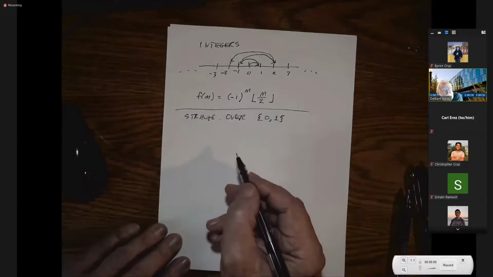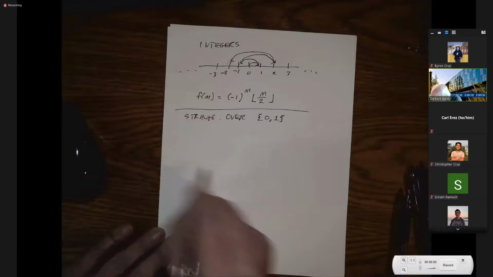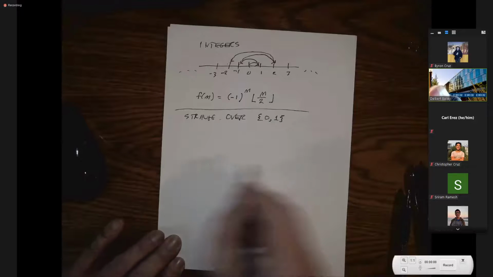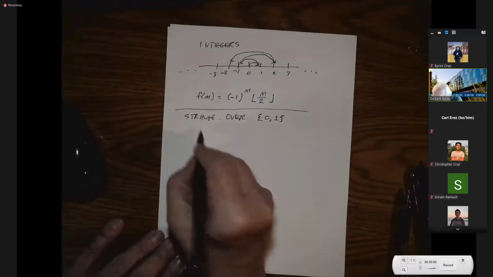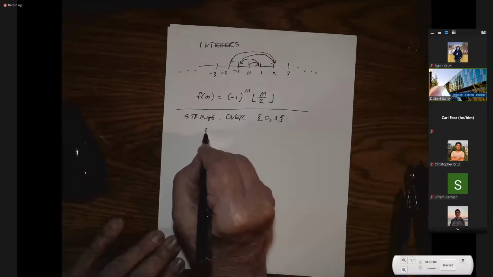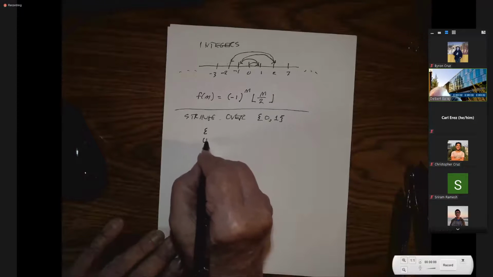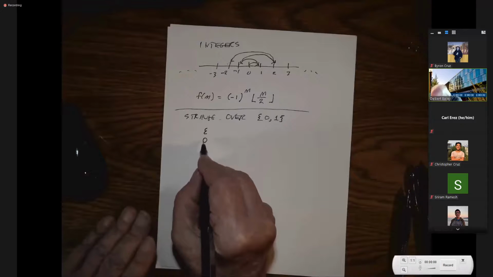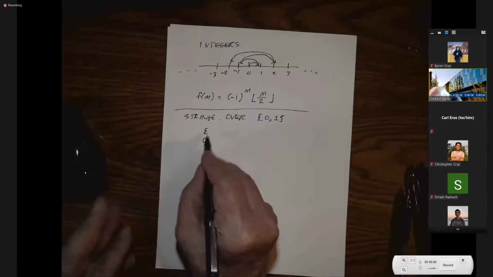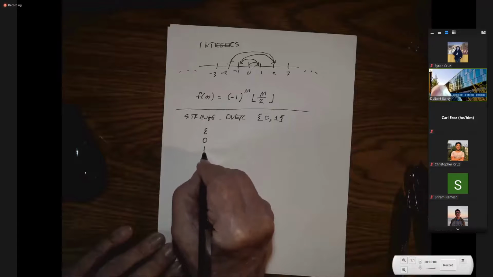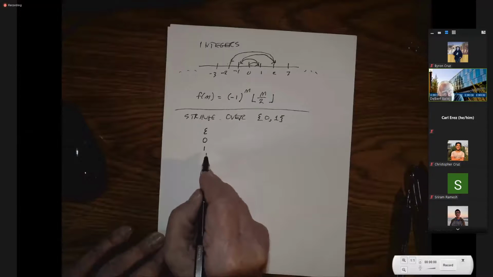Okay, well, there's the empty string, right? And then I'm going to do strings that have 0 length. I'll do length 1 strings. There are only 2 of those, right?